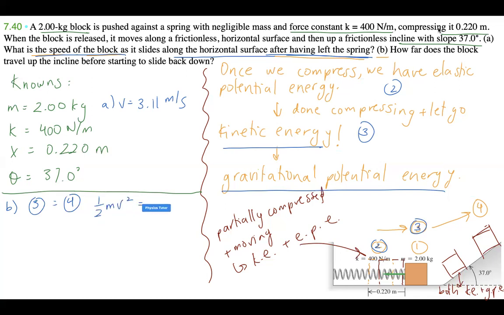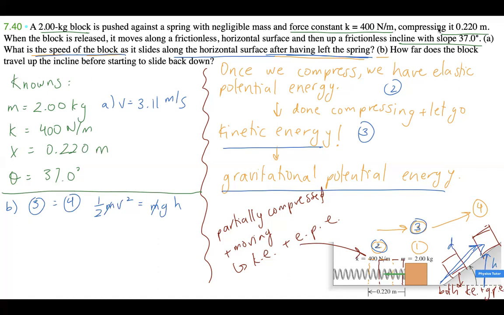is equal to mgh. So we can cancel out the m's on both sides. We want to know how far the block goes up the inclined plane, so we're looking at this distance d, and what we have is h. We need to find a way to relate d and h together.